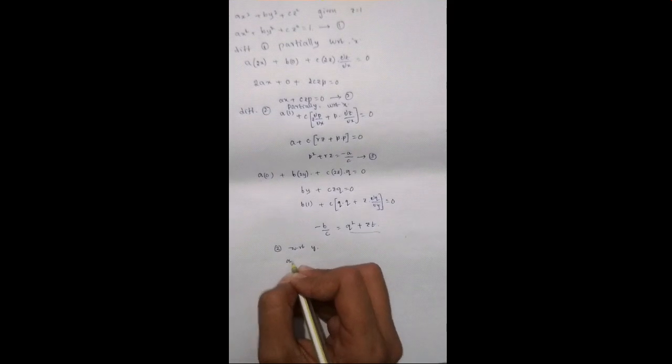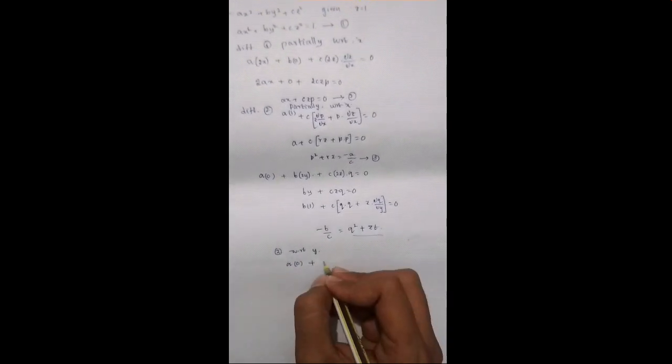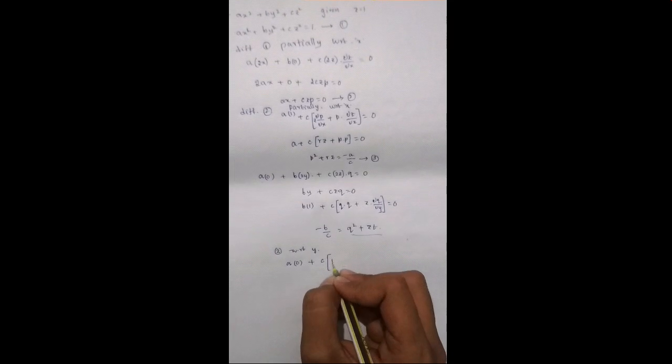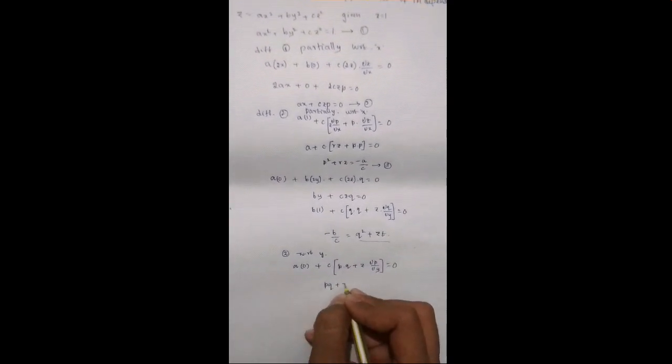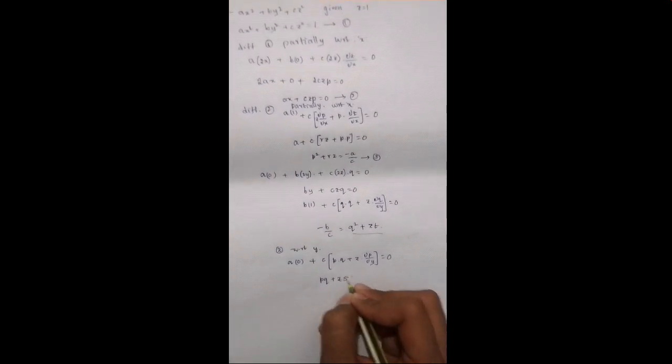We get a into 0 plus c into p times q, that is ∂z/∂y, plus z into ∂p/∂y equal to 0. That is pq + z ∂p/∂y, and ∂p/∂y is ∂/∂y of ∂z/∂x, that is ∂²z/∂x∂y, which is s. So pq + zs = 0.